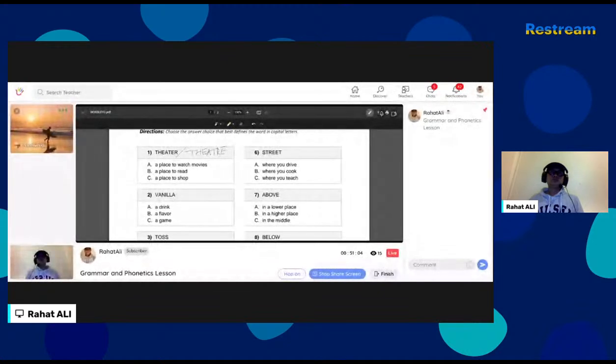So I started reading. I'm just trying to figure out what I should do now. How can I improve myself? Where should I start learning about grammar? Because I studied in Gujarati medium, Hindi medium, so I have some basic knowledge about grammar, but not that much. So yeah, I'm literally confused.